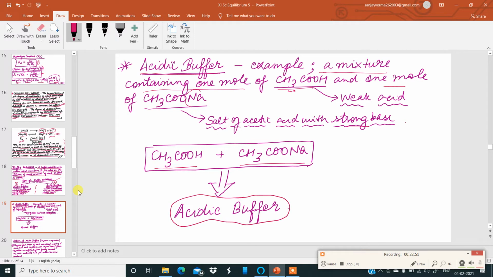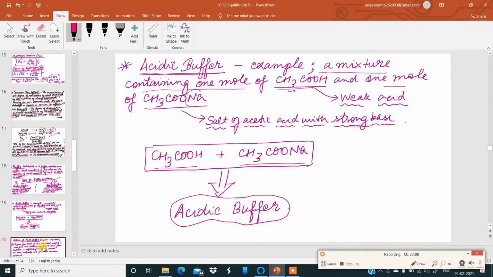It forms a buffer solution and the buffer is called acidic buffer. On any addition of acid or alkali or water to it, the change in pH of such a solution is resisted. The pH value does not change. Let us see how.